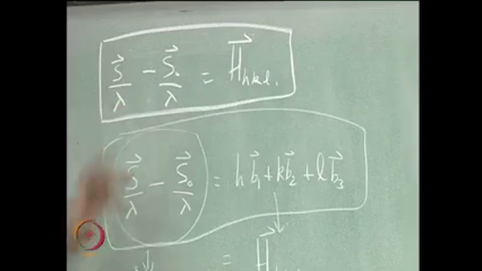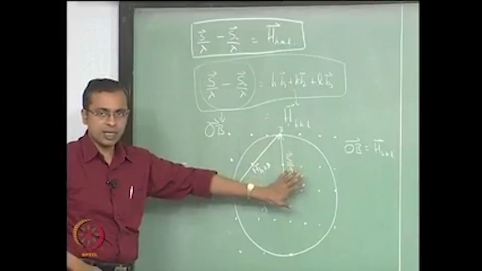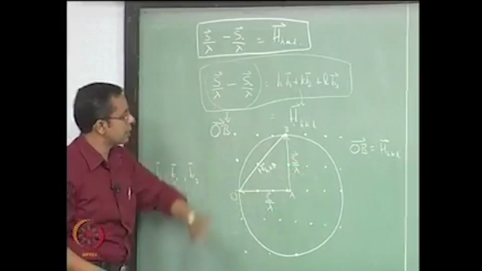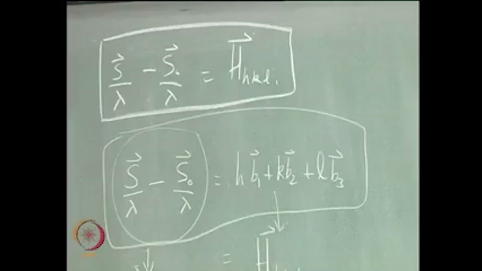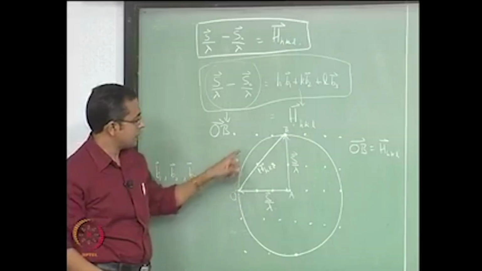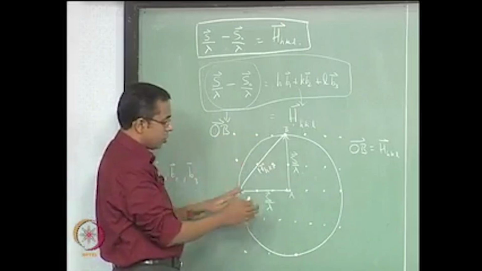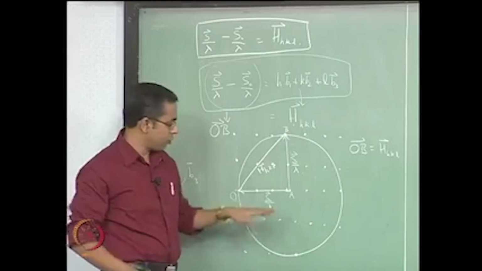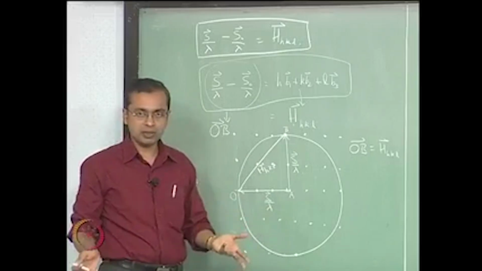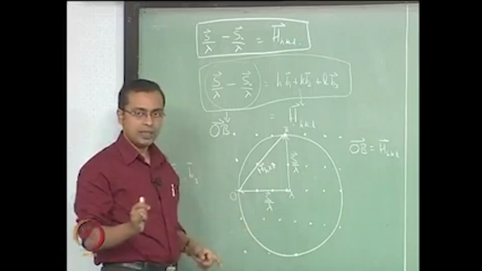This equation is satisfied, I have plotted this in a 2-dimensional sense. So in this 2-dimensional figure this equation is satisfied whenever this circle touches any of these points. As you can see clearly there are several points here which are not being touched by the circle, therefore with respect to those points diffraction is not going to occur, that is number 1.